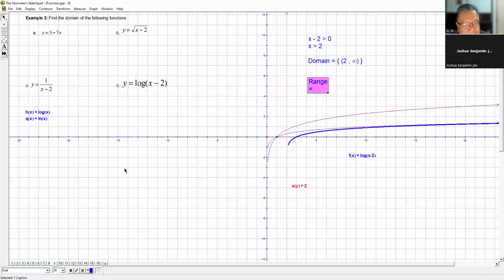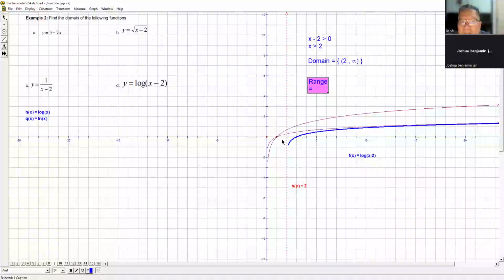I'll show you, no calculator here. You take out your calculator and type the log of a number, let's say 0.00000001. Oh, you see, it will be equal to -10.